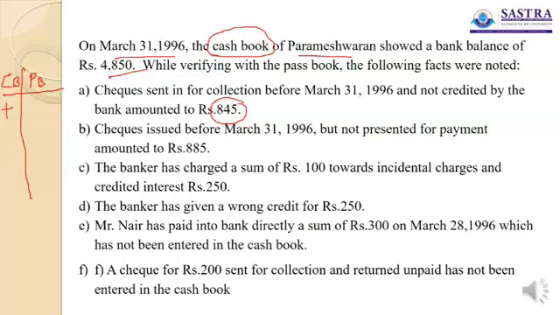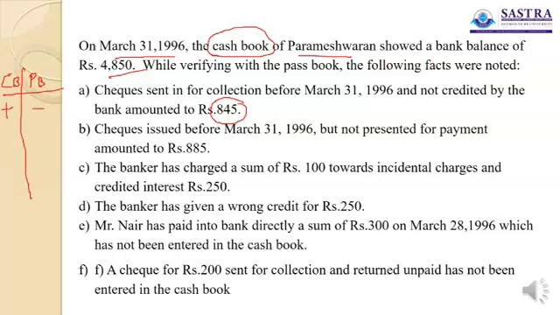The same has been sent for collection to the bank. The bank has received it, and our account is not yet credited because of the checks uncollected till 31 March 1996. But after that it might have been credited, but we need not have such a transaction.